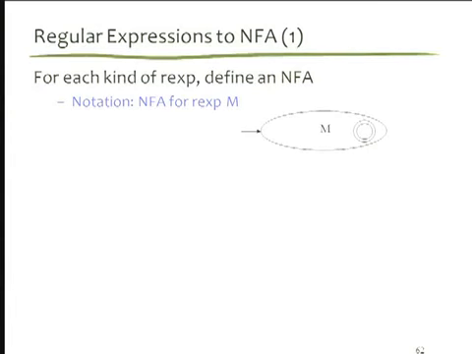How about the star? So if I want to do R star, I got a state machine for this, which has a start state and an end state. How do I turn it into a state machine for R star? I'll create a new state just to make it simpler.